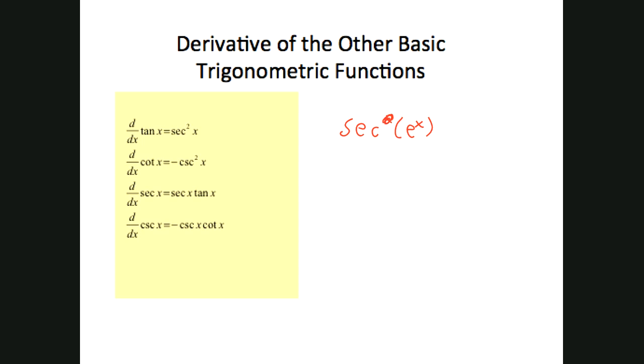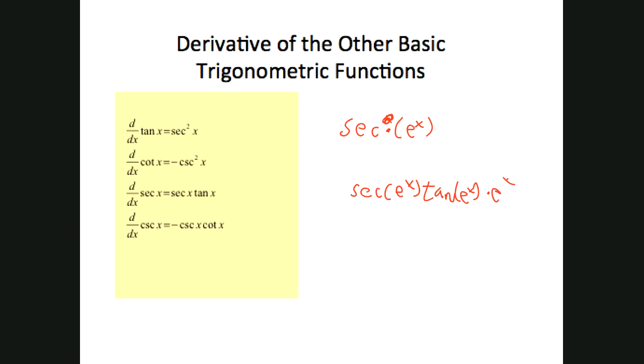Well, the only thing you guys know right now is just x. But when we start dealing with the chain rule, we know that you take the derivative and leave the inside alone. So that would be secant e to the x tan e to the x times the derivative of the inside. Well, the derivative of e to the x is e to the x.